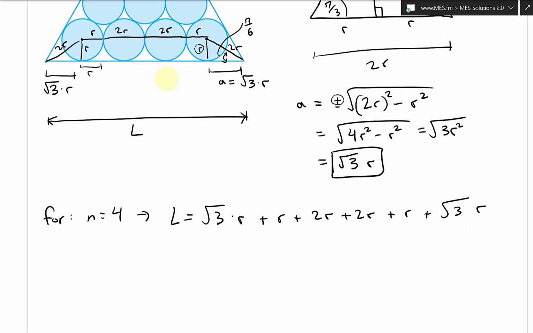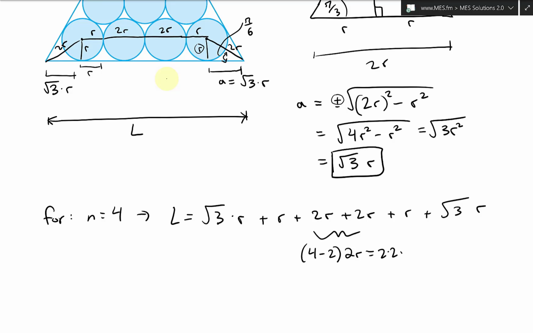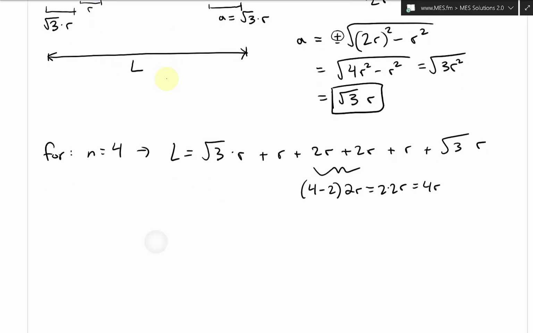The only key part that we need to analyze further is this part, which could be written as 4 minus 2 times 2r, which equals 2 times 2r, which equals 4r. So that's for n equals 4.